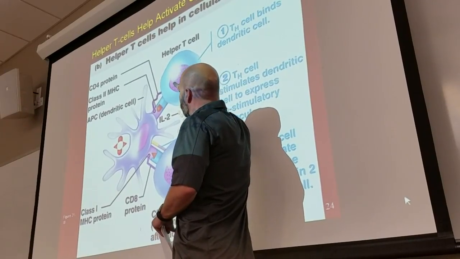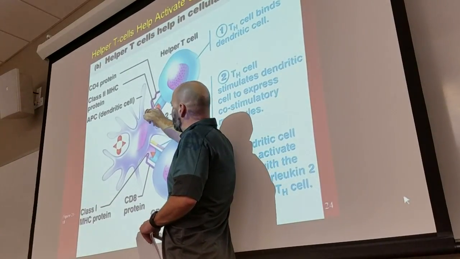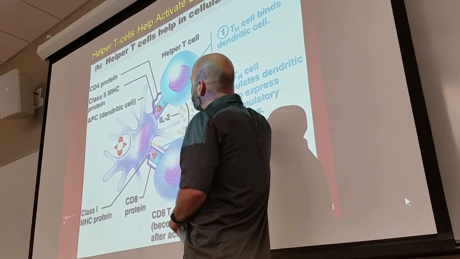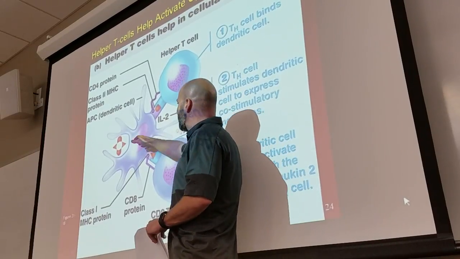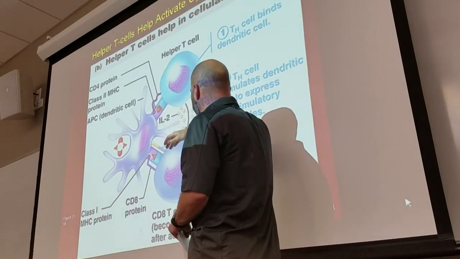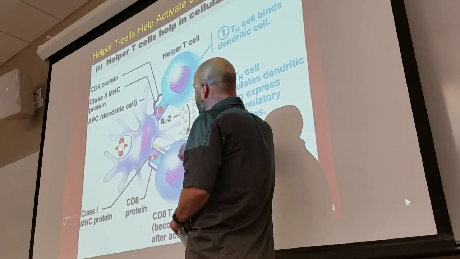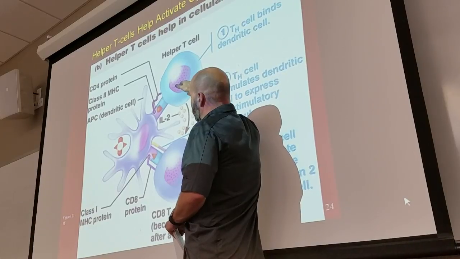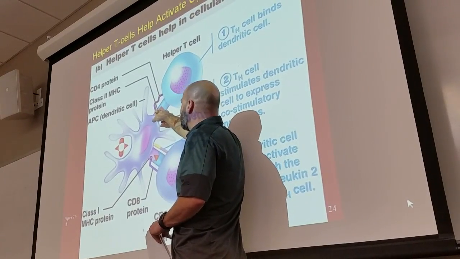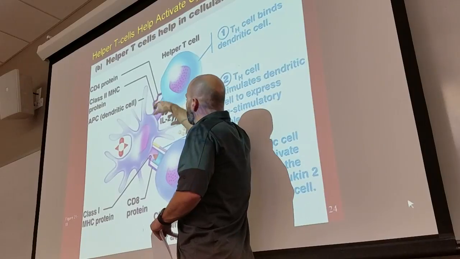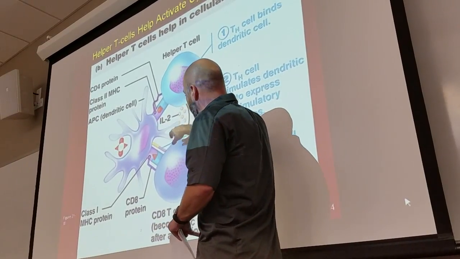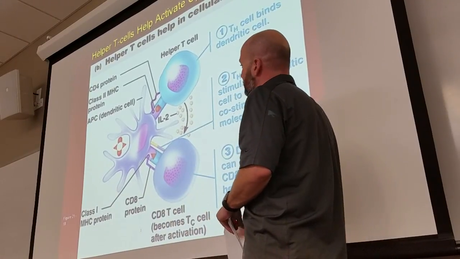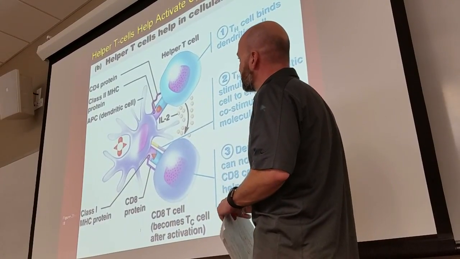The helper T is confirming that the antigen being presented by this dendritic cell is in fact something that we've identified and need to get rid of. At the same time, the dendritic cell is presenting antigen to the CD8, which has yet to be activated. That's the whole point of this. So the cytokines are released from the helper. Helper says, yes, I've seen this. This is what activated me. So we do need to destroy this. Releases the cytokines and allows the CD8 to become cytotoxic T cells, which can now go around and find these abnormal body cells and destroy them.